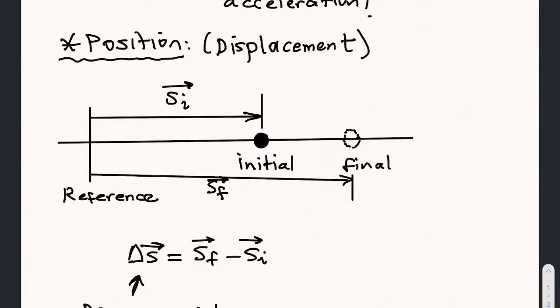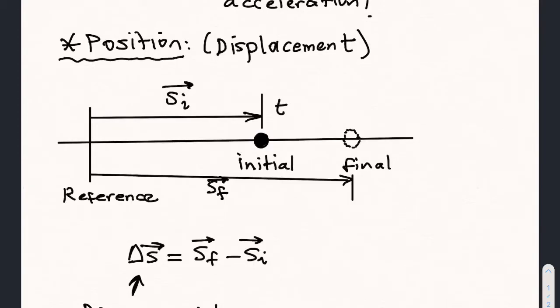And two important things. First of all, these two quantities, position and displacement, are vectors because they are indicated by both magnitude and direction. And the second important thing here, position and displacement are different. Position indicates the current state of the particle, but the displacement indicates the difference between two positions within a certain amount of time.